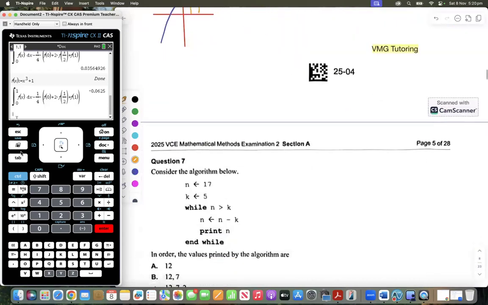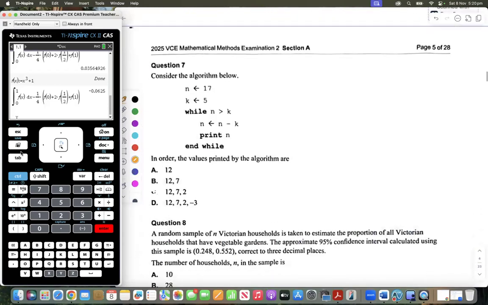Okay, pseudocoding question. It's a very simple and very small piece of code. Let's have a look. In order, the values are printed in the algorithm. The best way to do this question, I think, is to check the while loop, right?